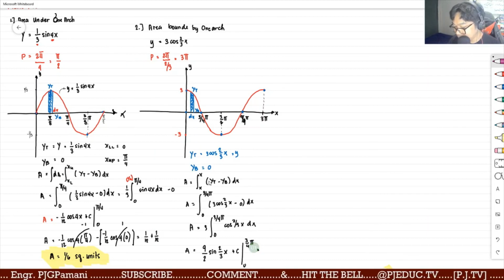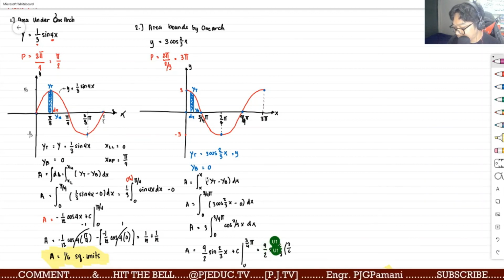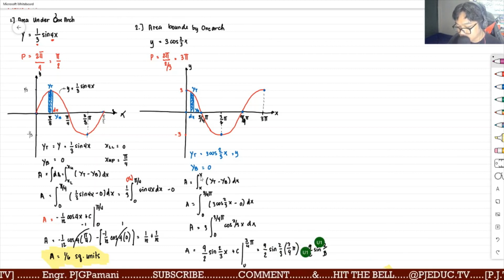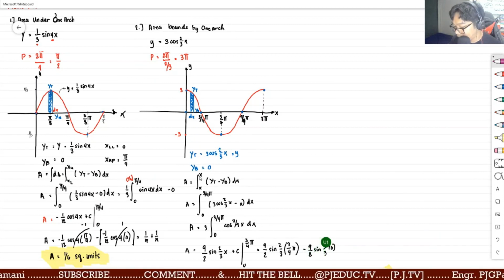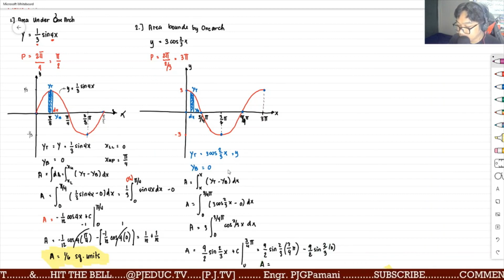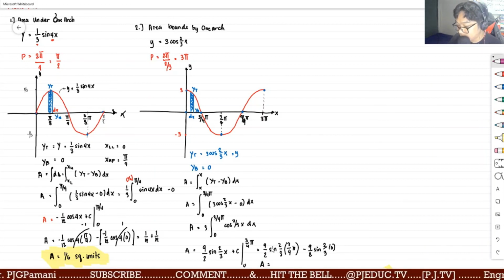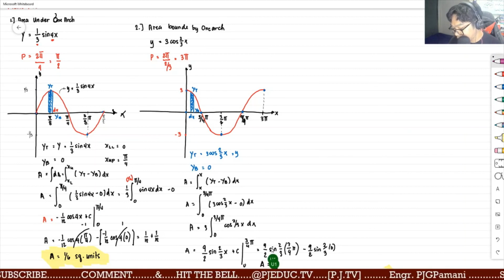So 9/2, substitute lang natin si upper and lower limit. Sine 2/3 of 3/4 pi minus 9/2 of sine 2/3 of 0. Okay? Your area now will be equal to what? Simplify nyo na. That is 3/4 pi times 2/3. 0 na yung pangalawa. Simply, that is 9/2 square units. Or 4.5 square units.